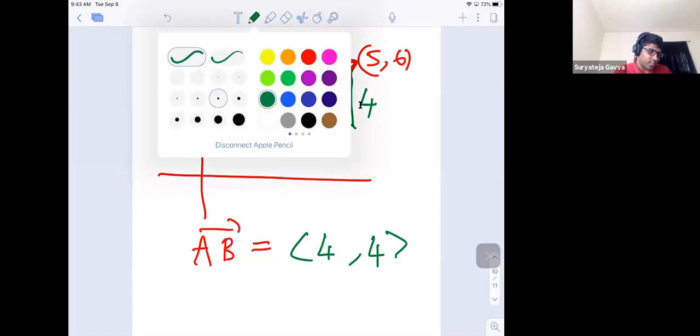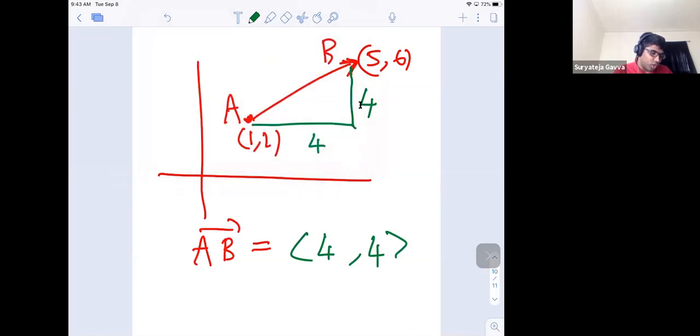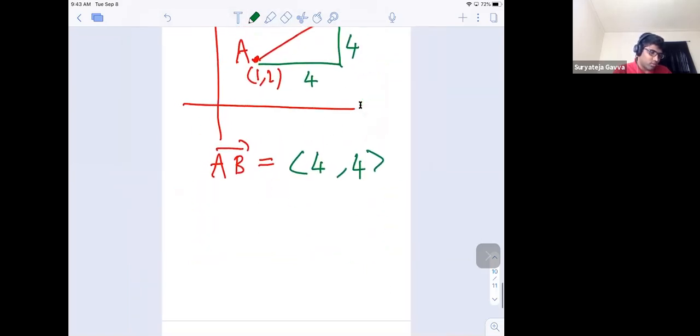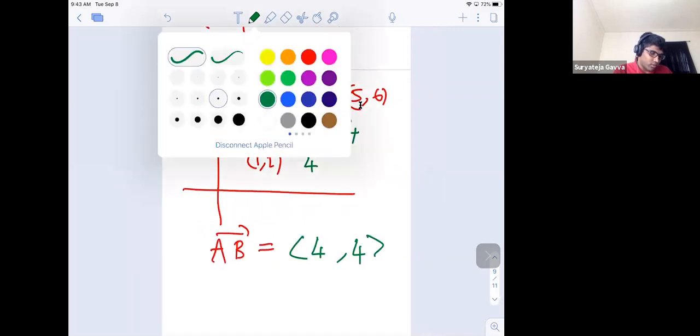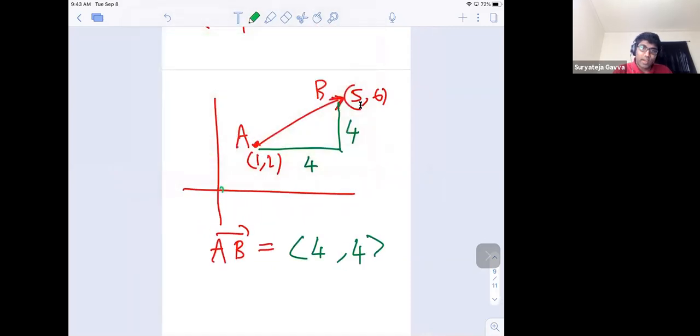Or, as I said, another way to think of the coordinates is to translate this vector to the origin. I have to subtract 1, 2 from everything, so the coordinates become 4 and 4.